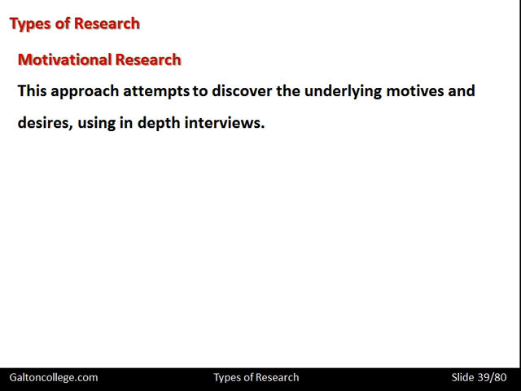We also have motivational research. This is an approach to discover what underlies the motives and desires, and may use in-depth interviews. So what is it that motivates people to act in certain ways or behave in certain ways, perhaps in the context of the market? It's a qualitative approach to research.